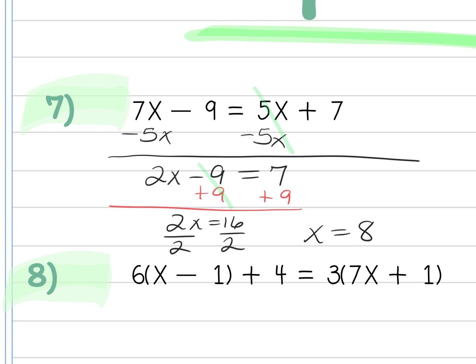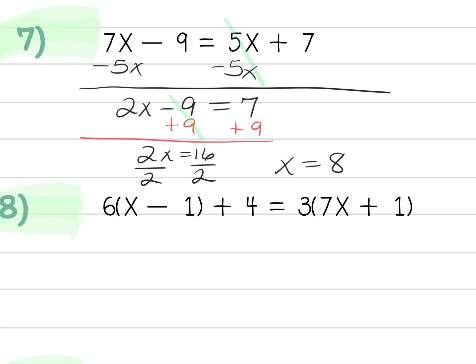Now the next one, I need to distribute before I can start moving things. I'm going to distribute and combine like terms first. So the first thing I'm going to do is distribute the 6. So I'm going to distribute to the x and to the -1. And then I'm going to drop down the +4.